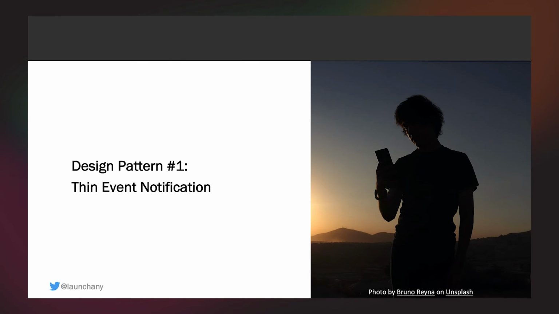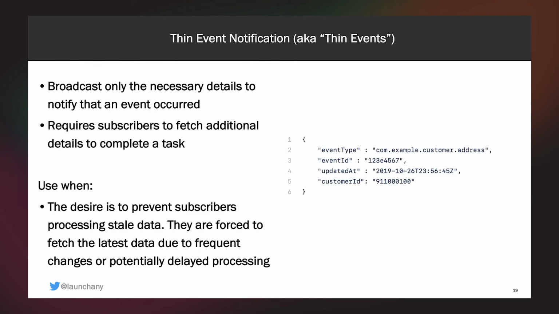So when we document our APIs, particularly our async APIs, we're going to have to go through some design effort. We're going to have to think about what things look like. And there are some common patterns that I've encountered over the years that I think are really valuable. The first one is thin event notification. In thin event notification, or thin events for short, we broadcast only the necessary details that indicate that an event occurred.